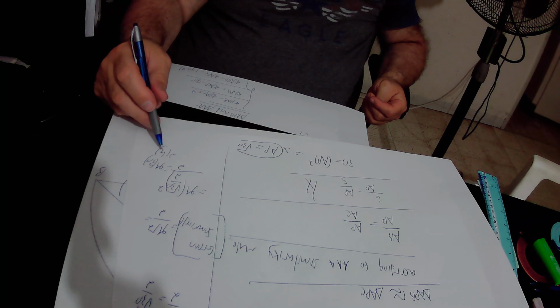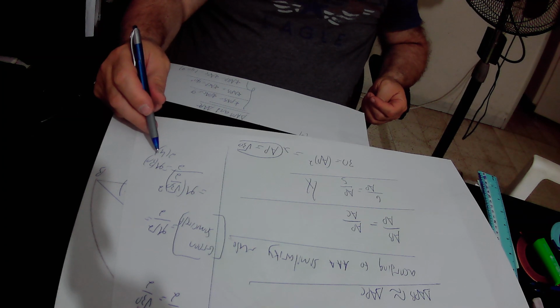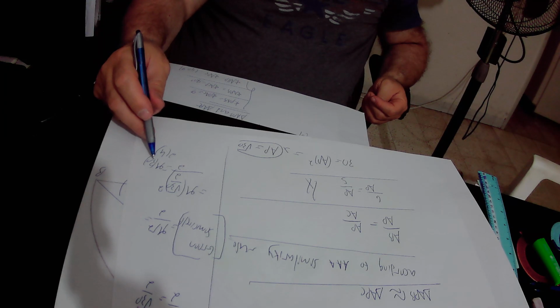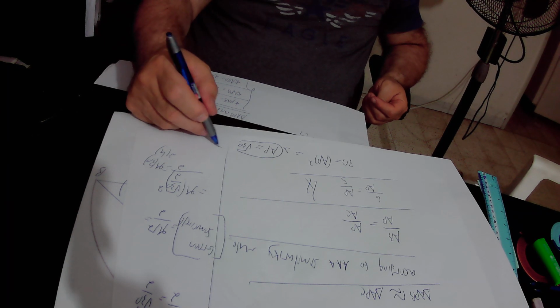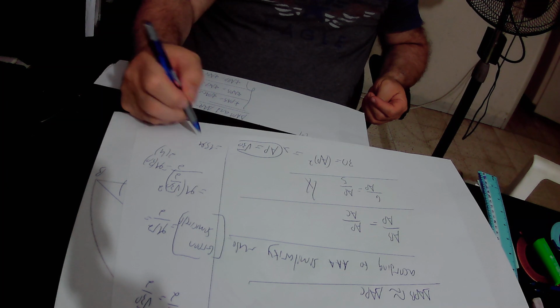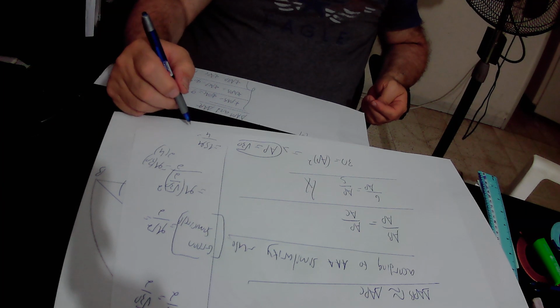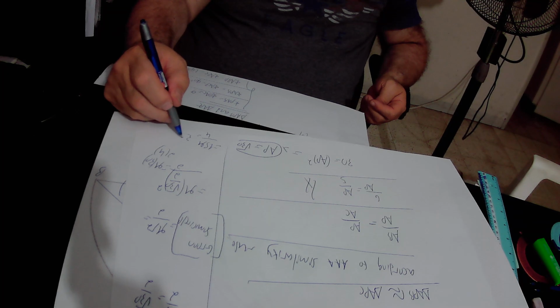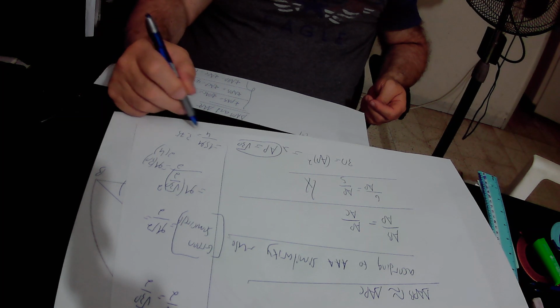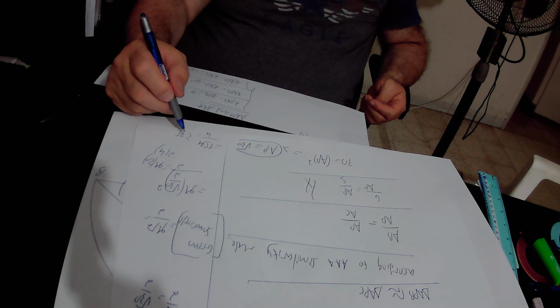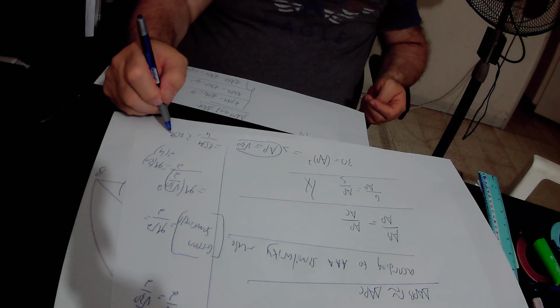We have here 30 over 2 is 15. So in total this expression equals 15 pi over 4 square units. 15 over 4 is 3.75. So in total this expression equals 3.75 pi square units.